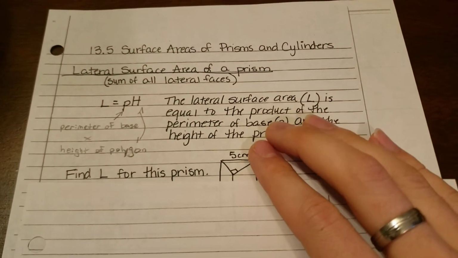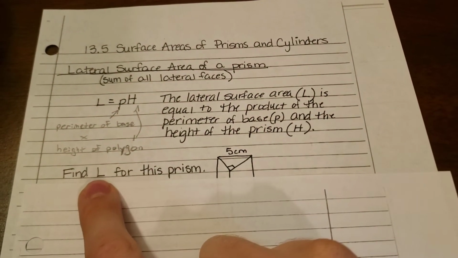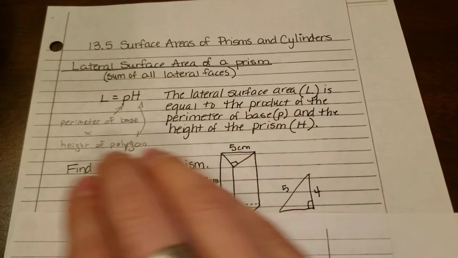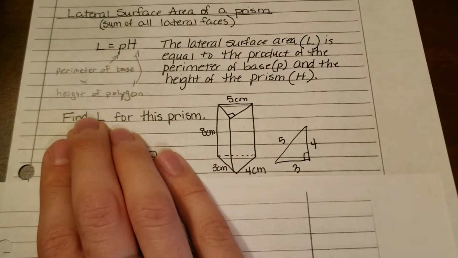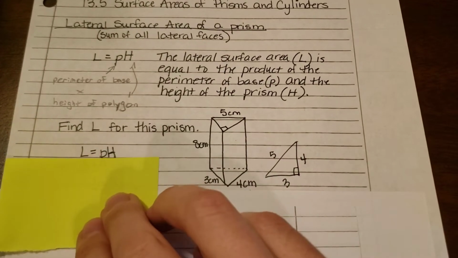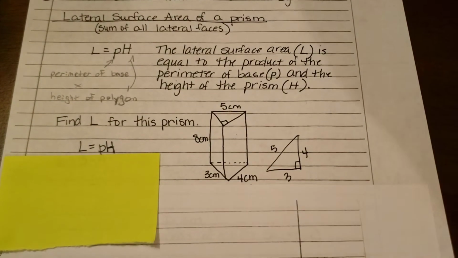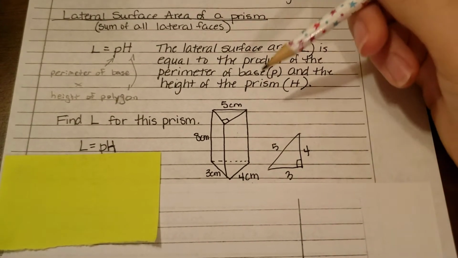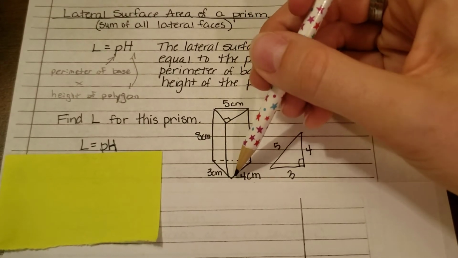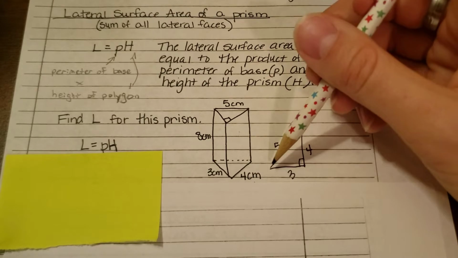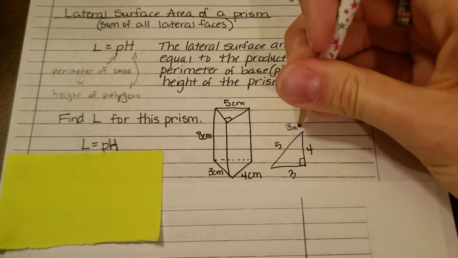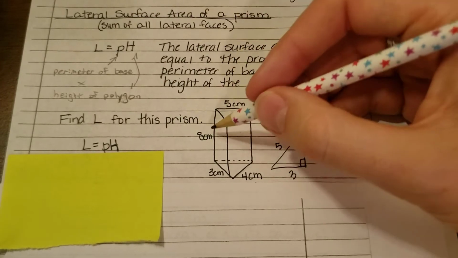So here's another example. We're going to find the lateral surface area for this prism. This is a triangular prism. I've got my formula again. But here I've got the base sides 5, 3, and 4. I drew a picture over here of the base. This is our base, and this is our height.